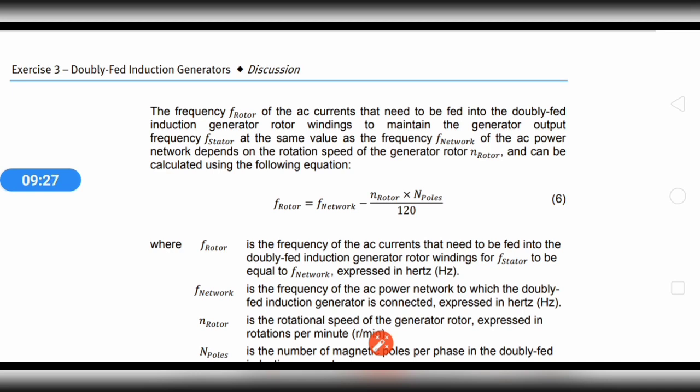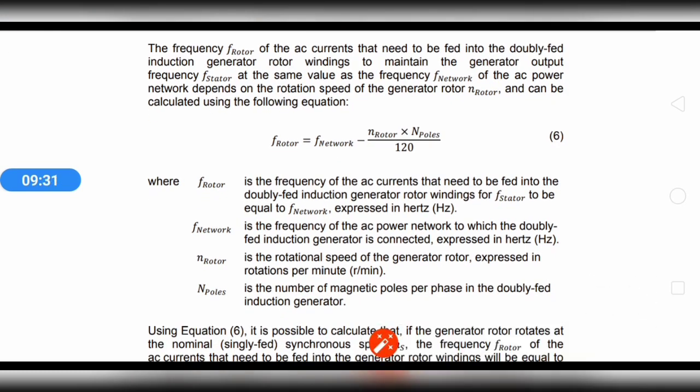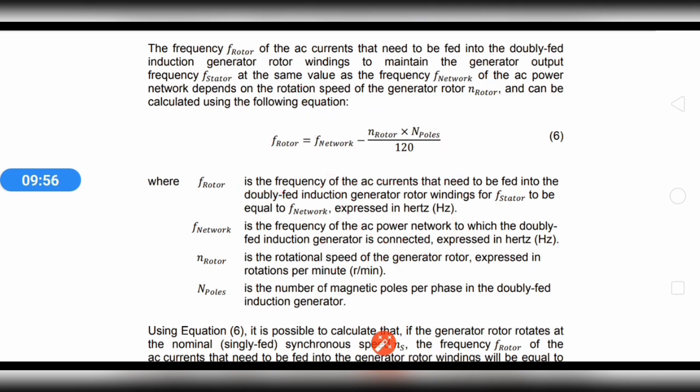The AC power depends on the rotor speed. So this is the final equation we have. If there is any change in this frequency, and we have to make this constant, it has to be fixed, then if there is any change in this value, this value also changes. So these two values counteract so that f network remains fixed.